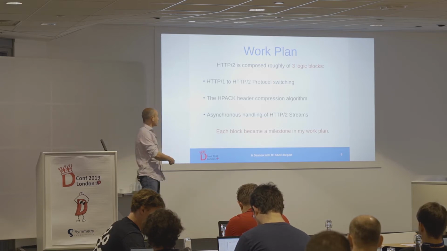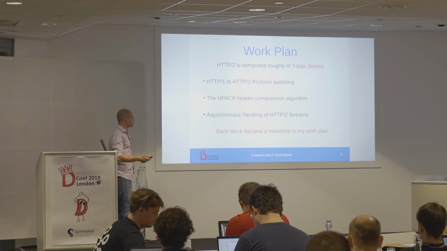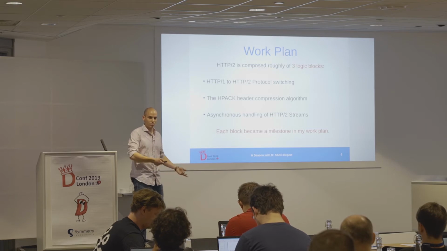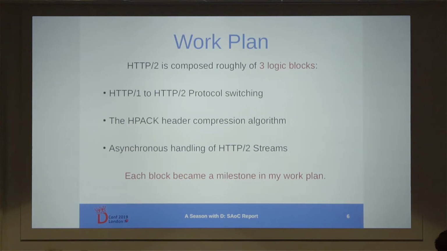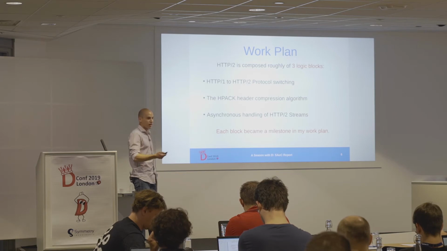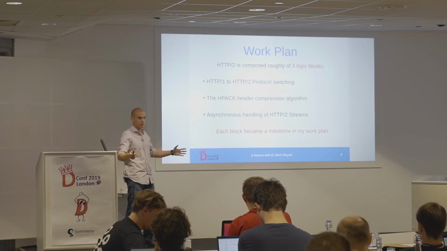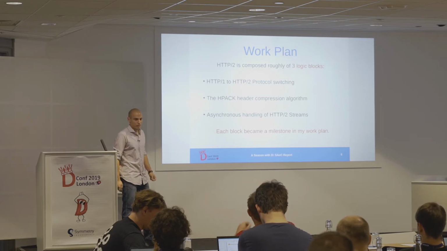So I had to design some milestones, which were monthly reports I had to fill in to get paid for my work. There are 3 building blocks, which mainly are protocol switching from HTTP1 to HTTP2, the header compression algorithm, which I'm going to describe later, but it's based on ranges and is meant to serialize the headers of each request so that they take little space with respect to the HTTP1 headers.